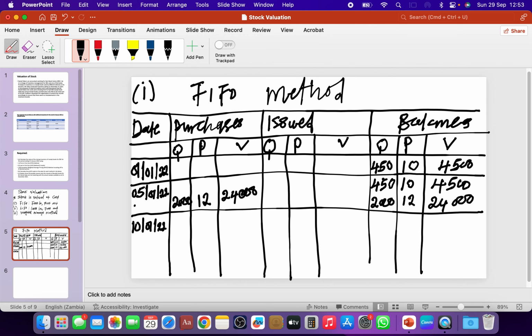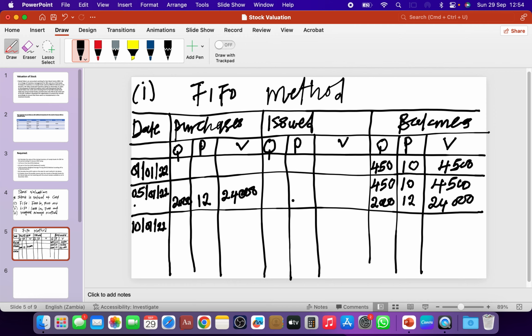If you look at the stock that we have on the 5th of January, we have two batches. One batch of 450 at $10, and one batch of 2,000 at $12. So using the principles of FIFO, we will dispose stock from the batch of 450 first because it was the first stock that was bought.